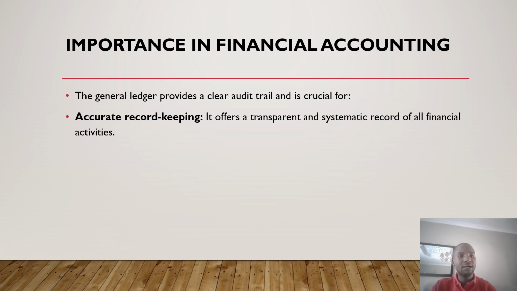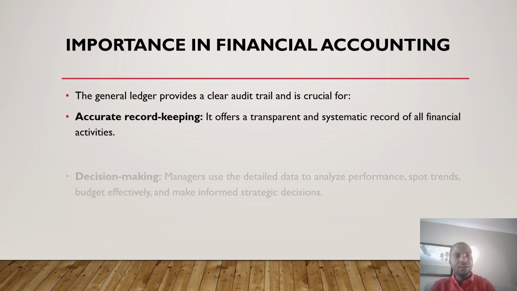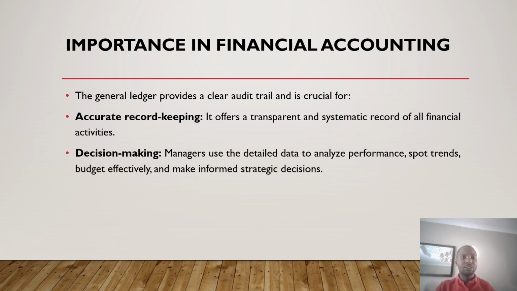The general ledger offers a transparent and systematic record of all financial activities. As we saw in the previous demonstration, it shows all the financial activities for that particular account in that particular reporting period. So it helps in keeping the audit trail.